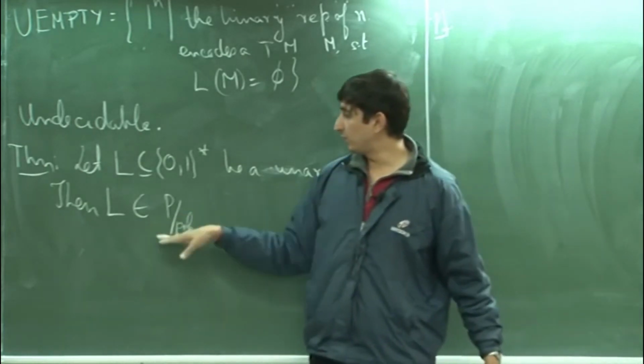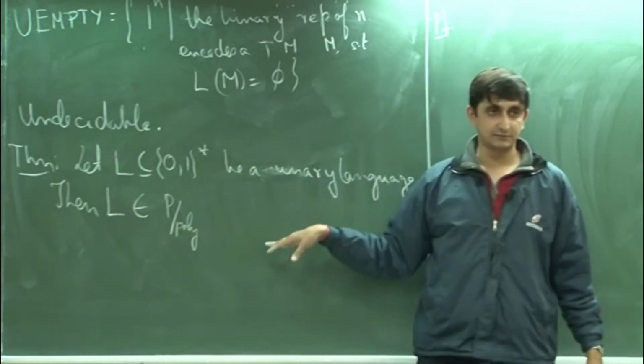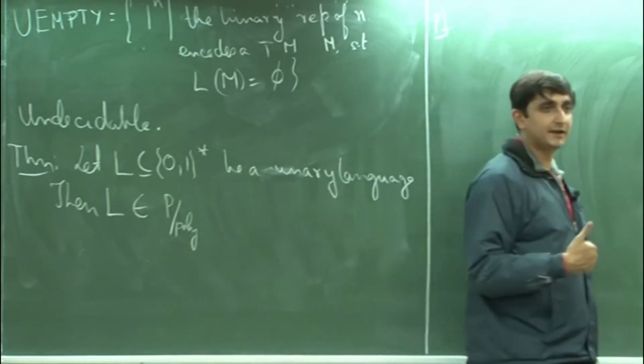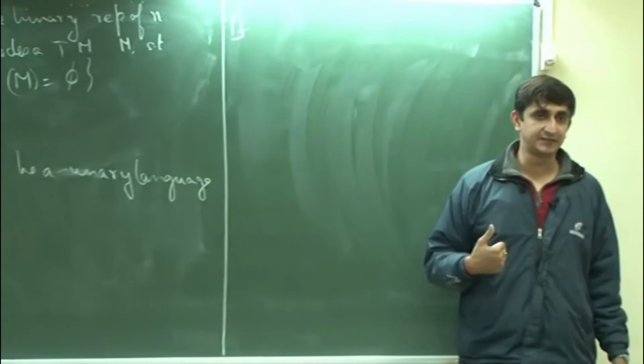Now note that all we want is a family of circuits. For each length n, I want a circuit which will either accept or reject that input.